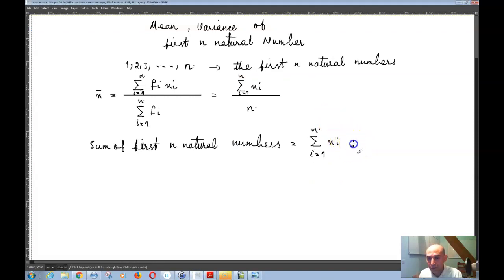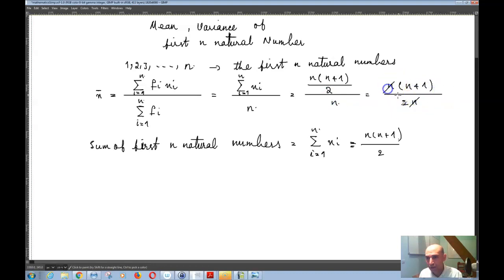So I can write this as n times n plus 1 divided by 2, divided by n, which is n times n plus 1 divided by 2n, and if I simplify the n's, I will get n plus 1 divided by 2. So the mean of those numbers is going to be n plus 1 divided by 2.